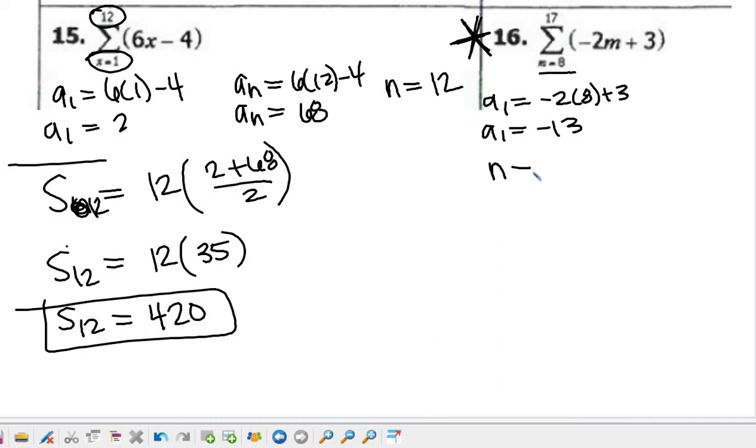Now here's the really tricky part. How many terms are there? This can get a little tiresome if you try and count this on your fingers. If you go 8, 9, 10, 11, 12, 13, 14, 15, 16, 17, it gets a little cumbersome because if those numbers get farther apart, it can become much more difficult.